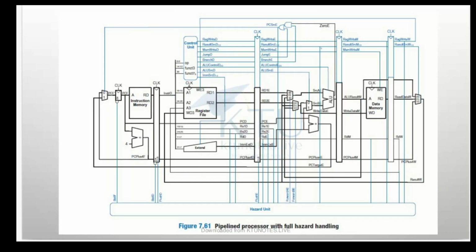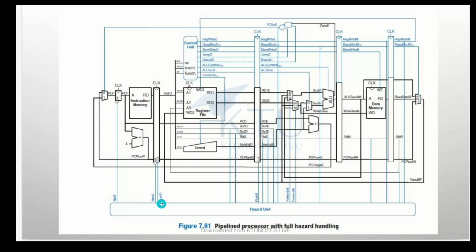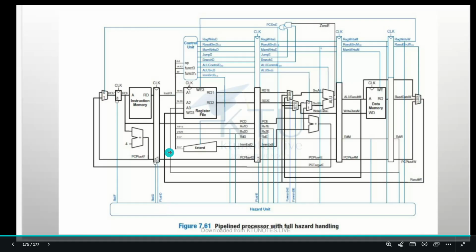Now, you have to understand what is going to come. We know there was stall F and stall D for the stall part, right? Now we have to flush D also and flush E also: flush the decoding stage and flush the executing stage here.